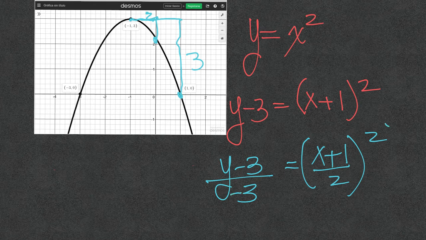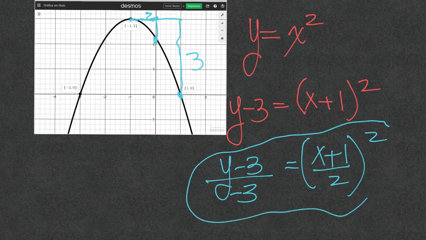So this is the final answer for this equation. My equation is y minus 3, because it moved 3 units up, over -3, because I have a vertical dilation by a factor of 3, and I put a minus because it is vertically reflected. Then it's moving 1 unit to the left, so we are putting x plus 1, and there is a horizontal dilation by a factor of 2. Okay, so I hope you can remember this.